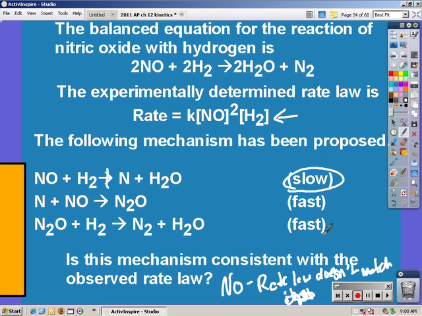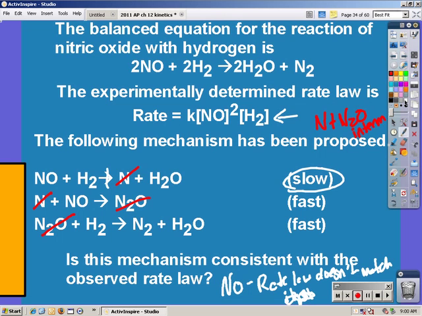Okay, but let's just see if our mechanism adds up to our reaction. So cross out everything that is on both sides. So we have an N2O and an N2O, and there's a nitrogen and a nitrogen. And so now add them up.